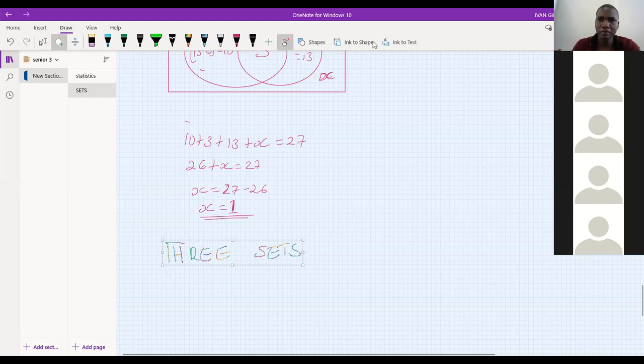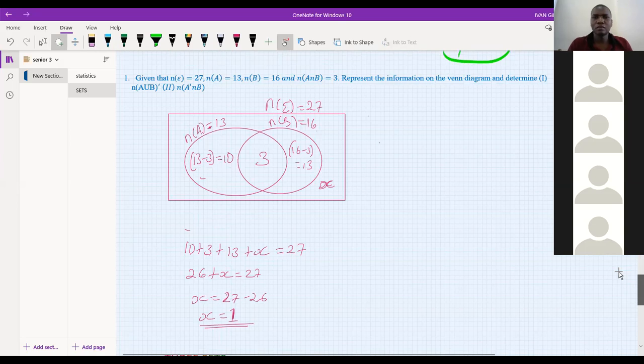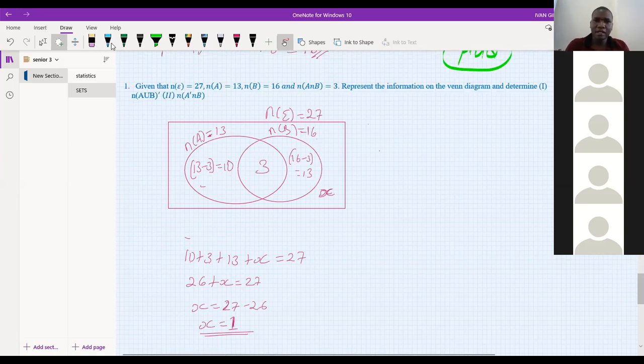Teacher, I have a question. Is A union B, in brackets, complement the same as A complement union B complement? No, it is not. Somebody is saying we can best understand those terms when we're shading unwanted regions. Shading regions of what? The set.